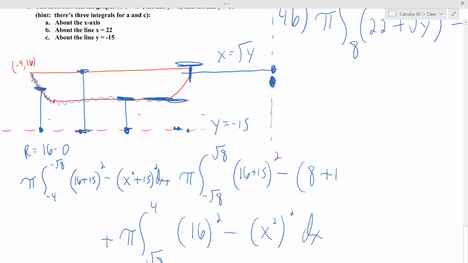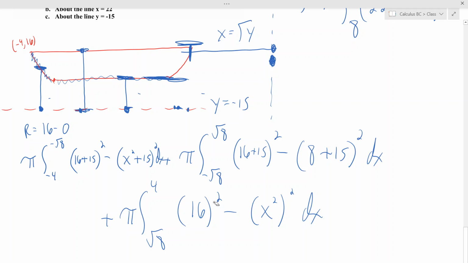So it's 8 minus -15 squared dx. And then the last one, same thing. It's going to be 16 minus -15 squared. And little r is going to be, again, put your pencil on the axis, draw it to the first time you hit it. That's right there. That's going to be x squared minus -15. Minus -15 squared dx. Okay.